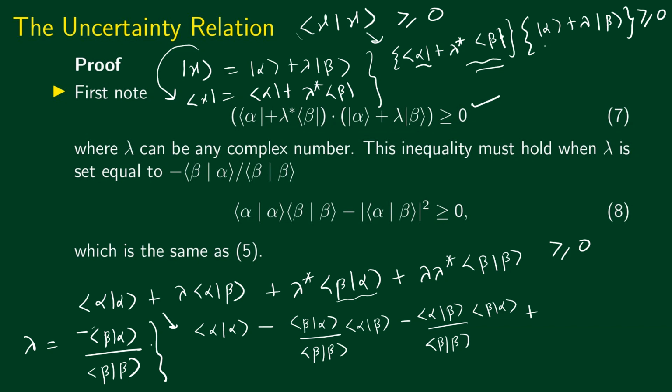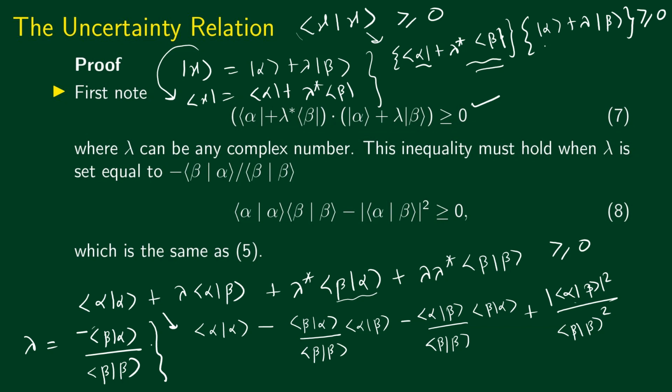The denominator here is real, positive. So when I take lambda lambda star, what I get is the modulus square of the numerator, modulus square of bracket beta alpha, or we can write it as bracket alpha beta, divided by bracket beta beta squared.